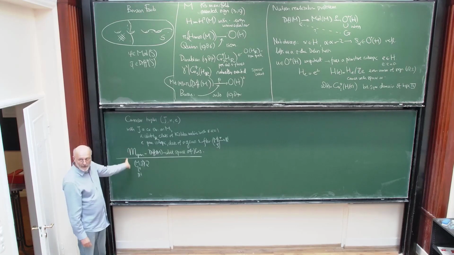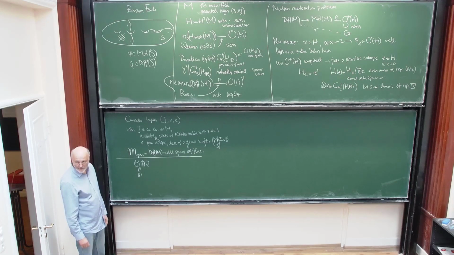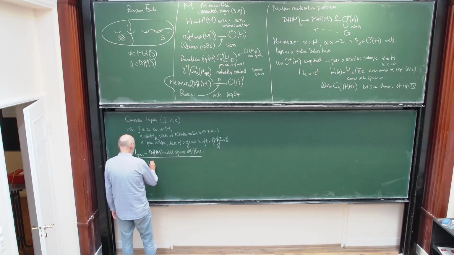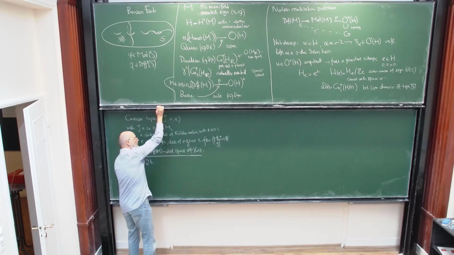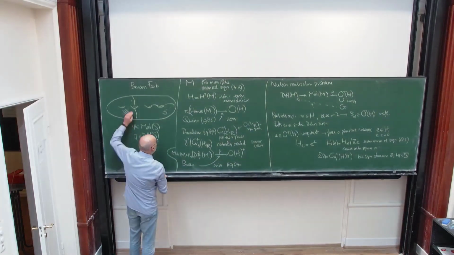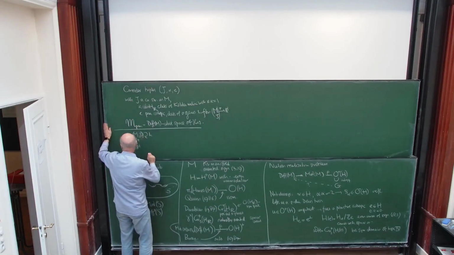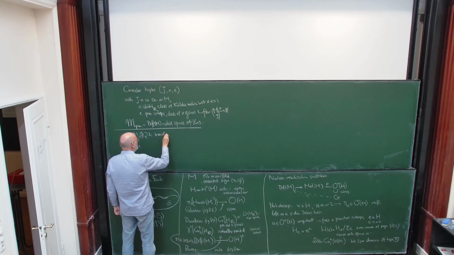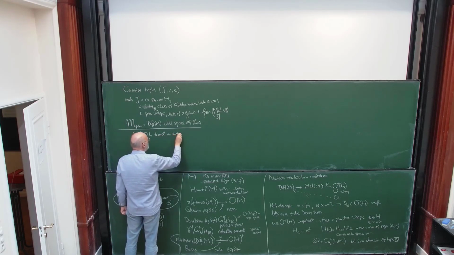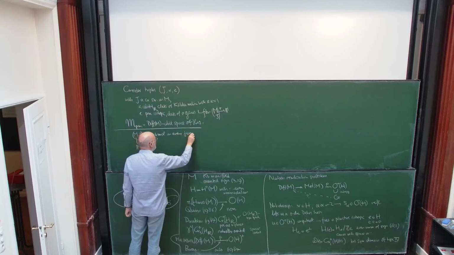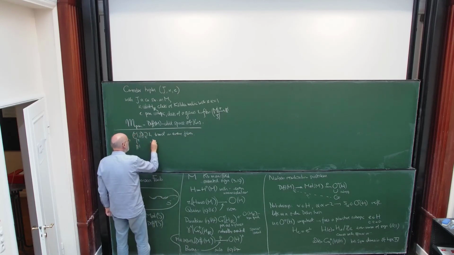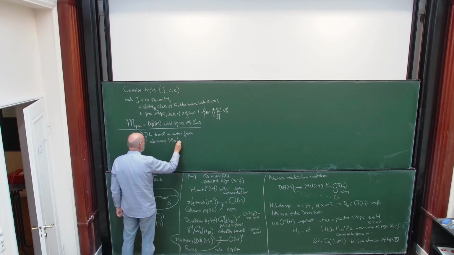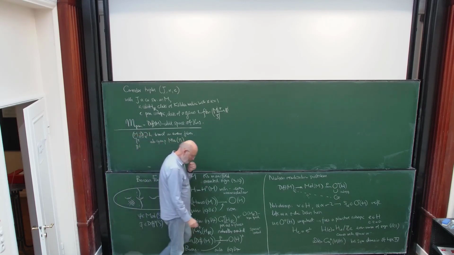That forms an abelian group. It's a well-known group, simply called the Mordell-Weil group. Translation in every fiber, an abelian group, called the Mordell-Weil group.